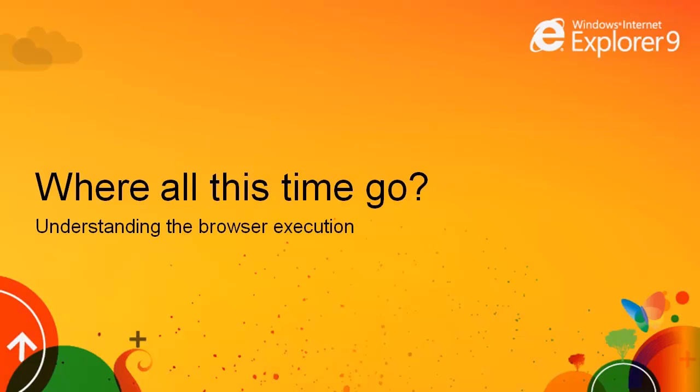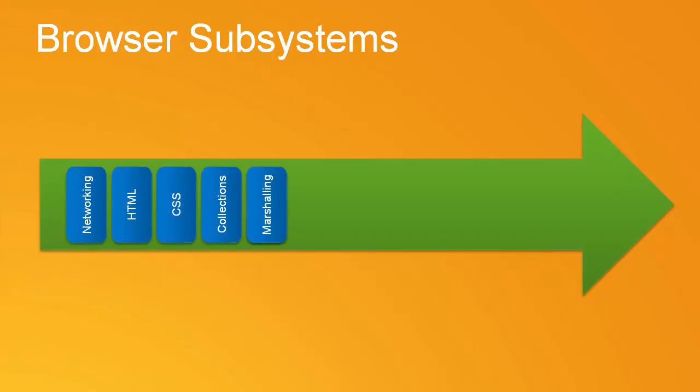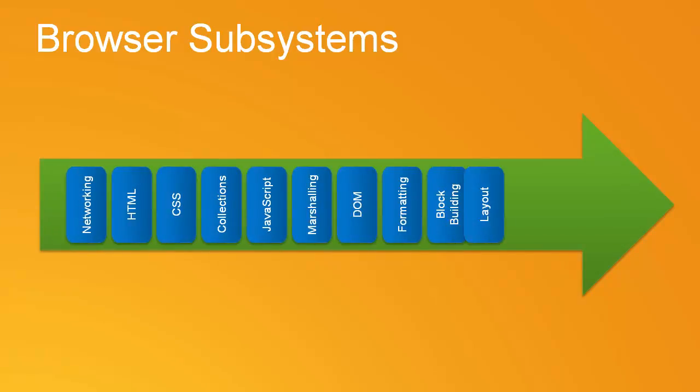So instead of thinking about those things, let's understand how the browser execution goes and where all this time goes. Internet Explorer 9 has 11 subsystems in it. Each one of them has a certain responsibility for the overall life cycle of the page. So we start here from networking. Networking is responsible for all of the fetching and sending of requests through the wire.